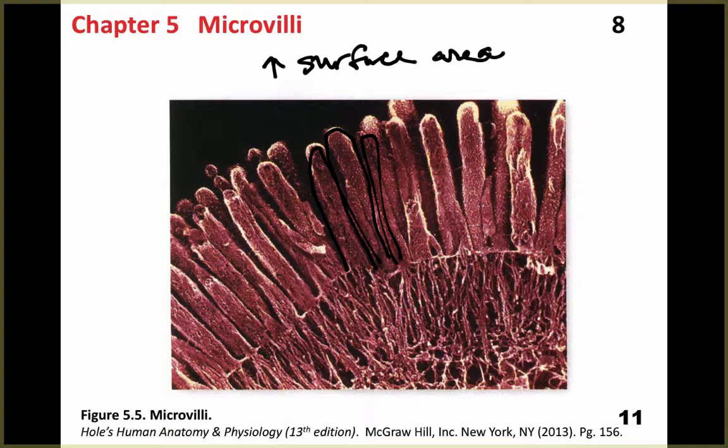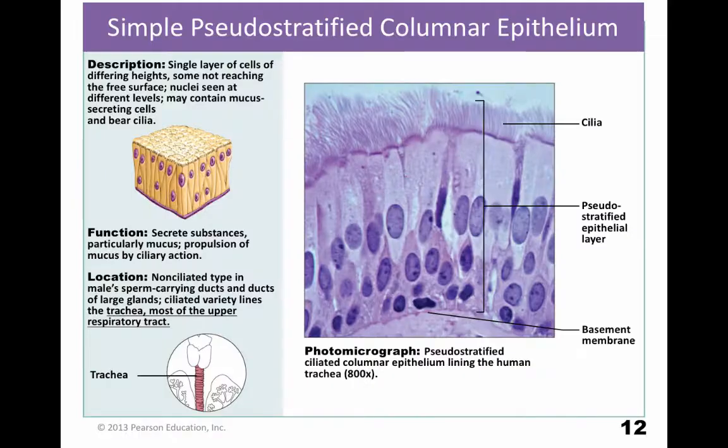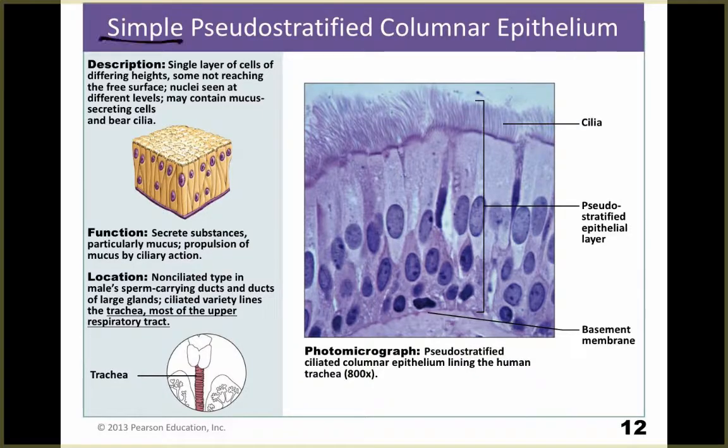So essentially, it's going to allow nutrients to be absorbed more effectively because there's more surface area for them to go through. So this is simple, which, how many layers? Yes, one.